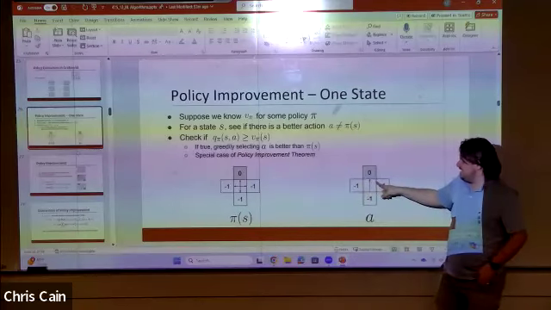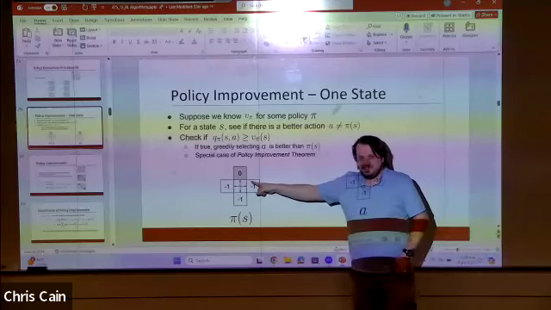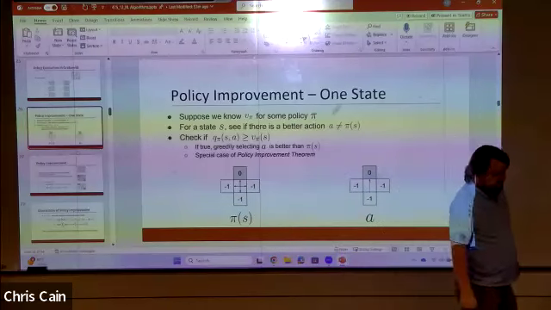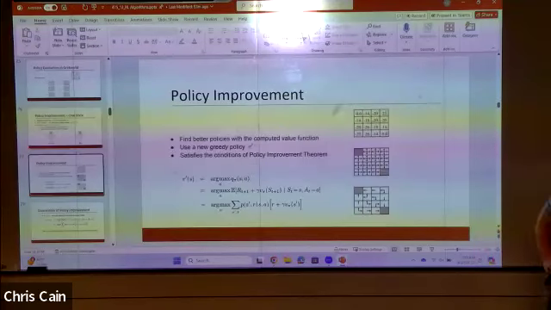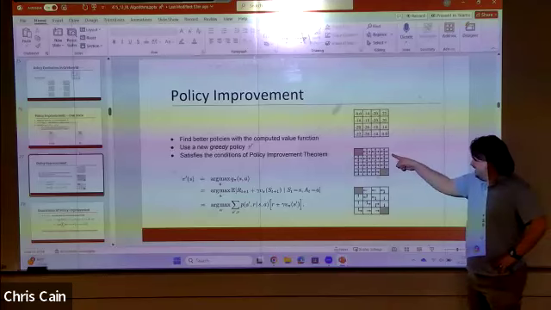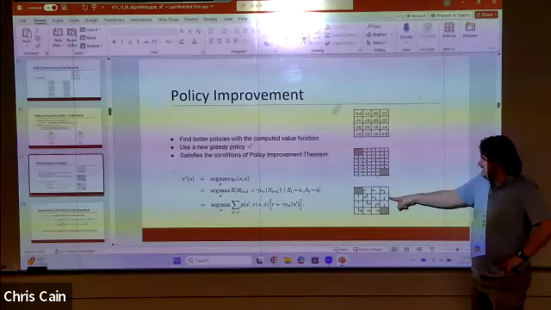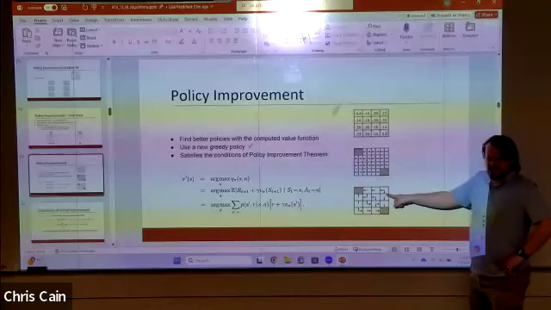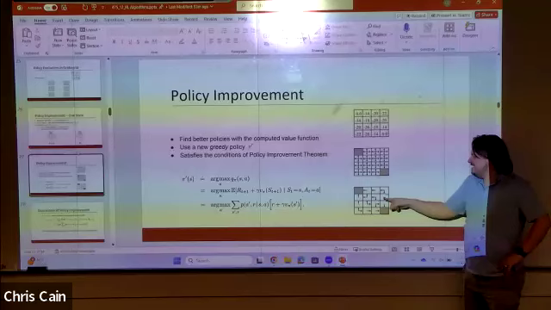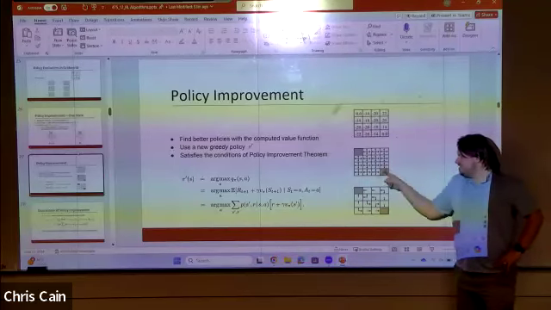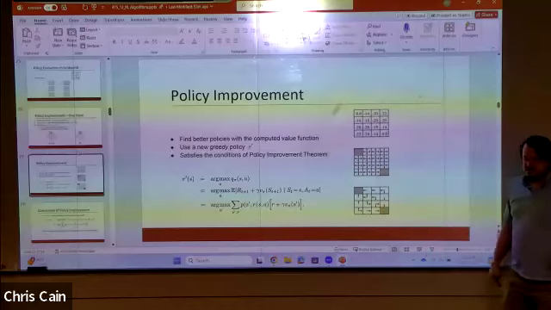This policy in this state is a better policy than that policy. And this policy is a strict improvement over this policy. In every single state, it will take fewer steps on average to converge to one of the terminating states.